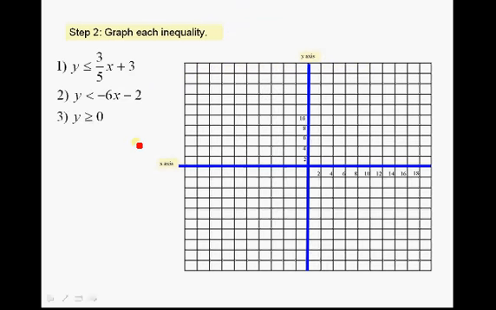They're being playful. So, step number 2, we just have to graph each inequality. I'm going down here because it's the simplest one. Y is greater than or equal to 0. Here's the x-axis, but the thing is y is greater than or equal to 0, so it's everything above the x-axis.